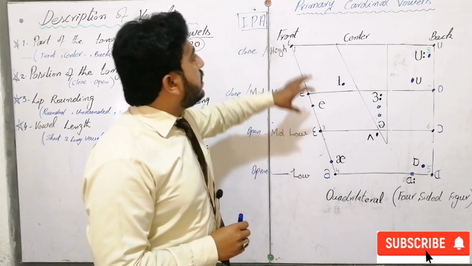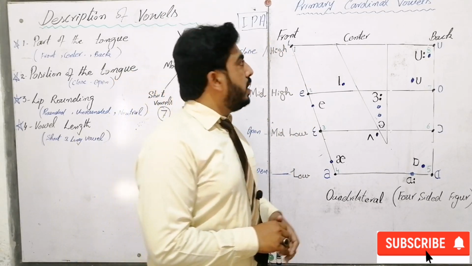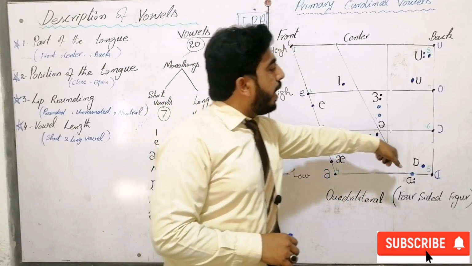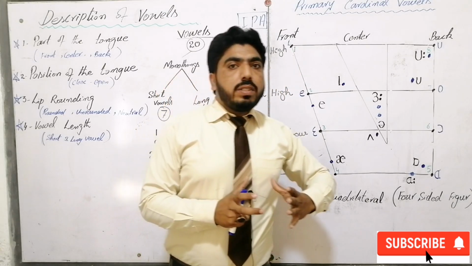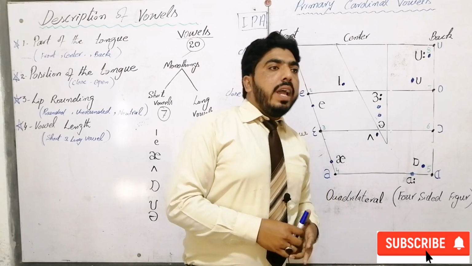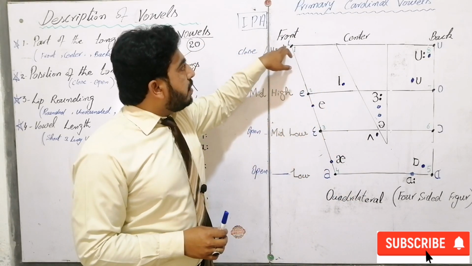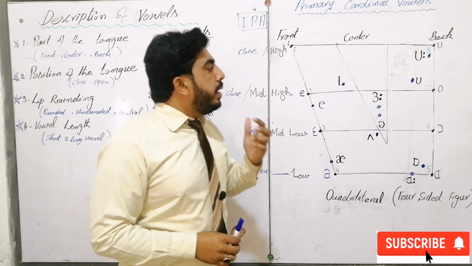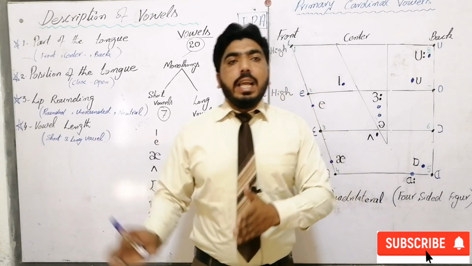This diagram consists of 8 cardinal vowels. These are the extreme positions, 1, 2, 3, 4, 5, 6, 7 and 8. These are imaginary vowels. Cardinal vowels are reference vowels, and on the basis of these reference points, we can measure the quality or length of any vowels of any language.